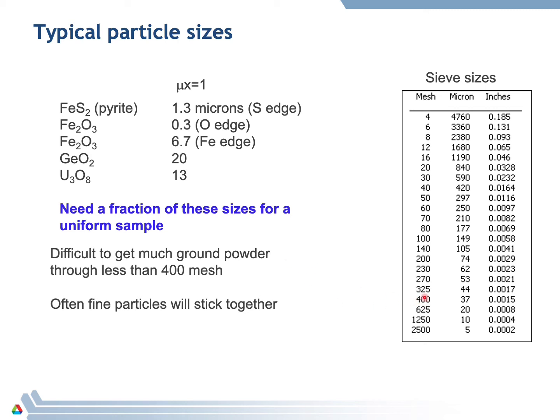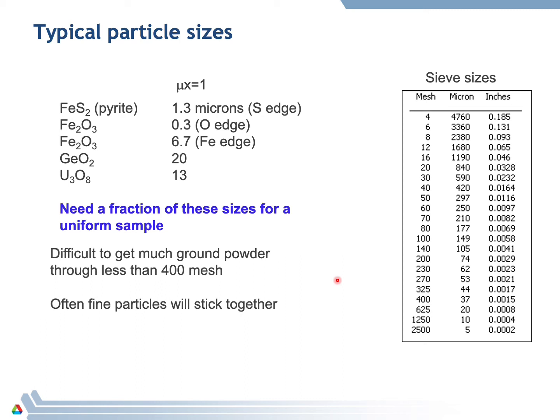If you've ever worked with a sieve, you know when you get a sieve size larger than 400 mesh, then it starts to get really hard to get the powder through the sieve. 400 is fairly straightforward if you grind the particles very fine, but once you start getting to higher meshes or trying to get smaller particles, it starts to become difficult.